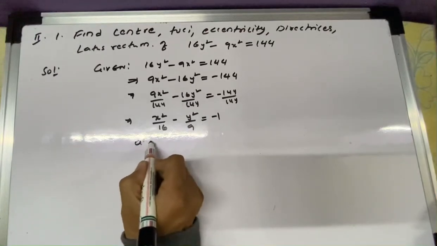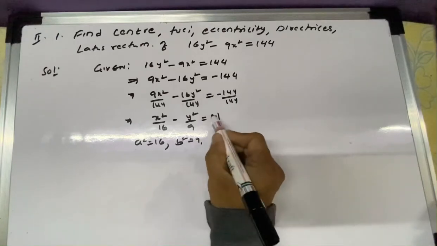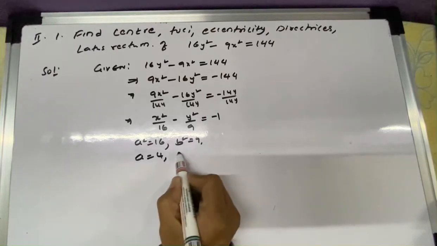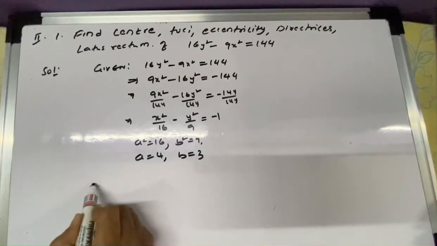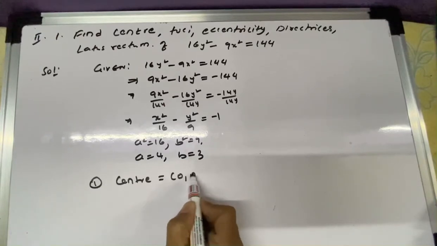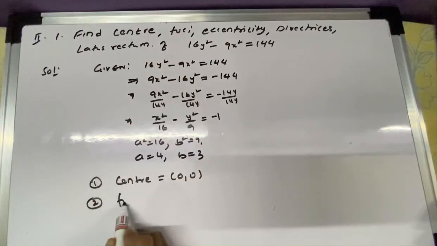Now a square equals 16, b square equals 9, but minus 1 means we use the second formula. First bit, the center. Center is 0, 0. Second bit, foci.